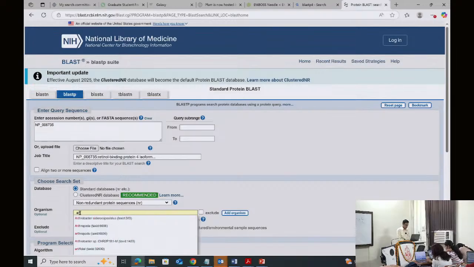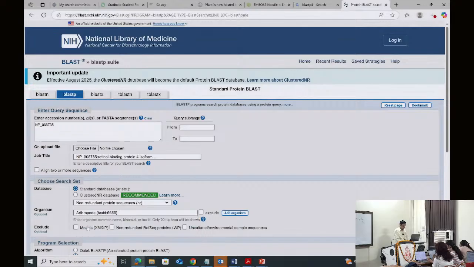Yeah, it should come already auto populated, so you can select here Arthropoda. Okay, tax ID is 6656. So you see, then the search will be limited to Arthropoda only. Okay, so this is what the question is saying, that you have to restrict your search to this organism only. And then BLAST.